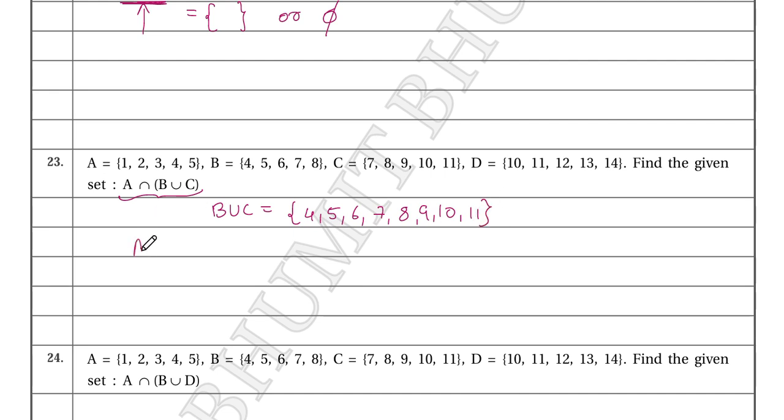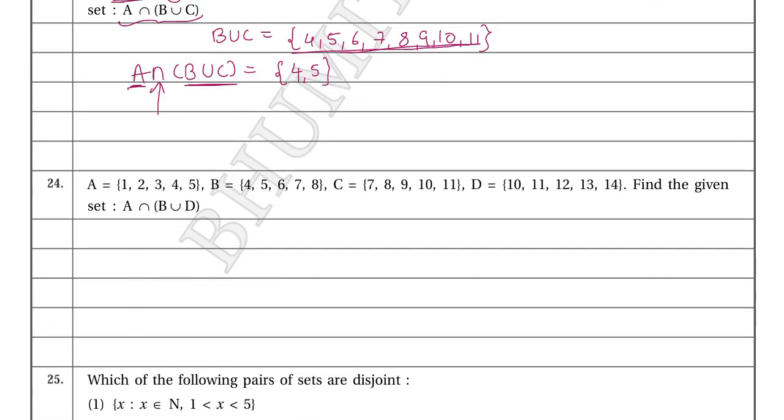Now we have to find out A intersection (B union C). So just look at set A and look at set B union C, because we have to find the intersection between which sets? A and B union C. So which elements are common here in A and B union C? 4 and 5. Only two elements. So the correct answer is 4, 5.